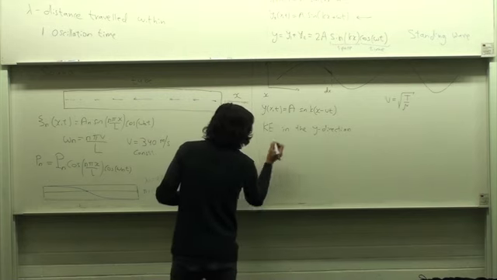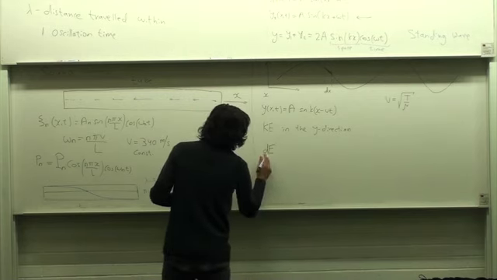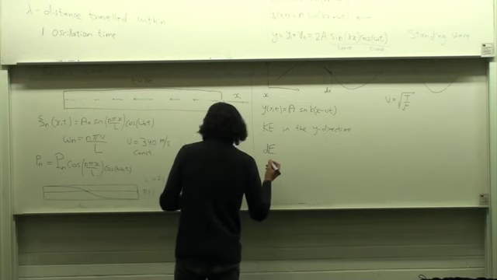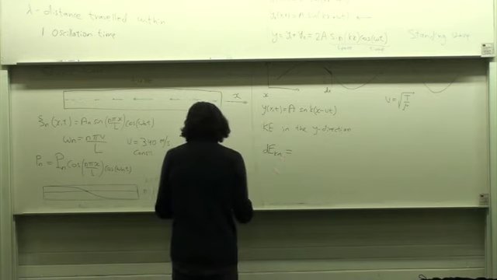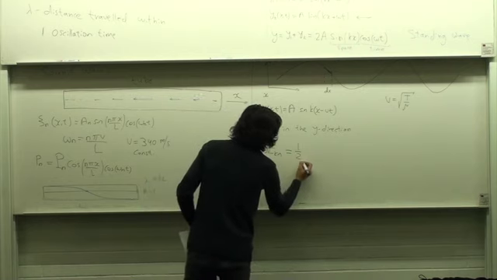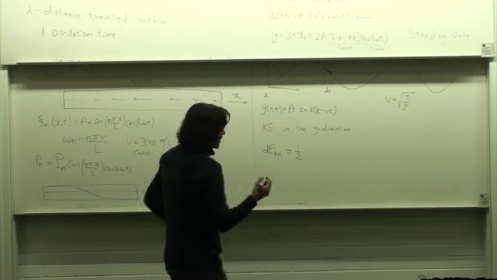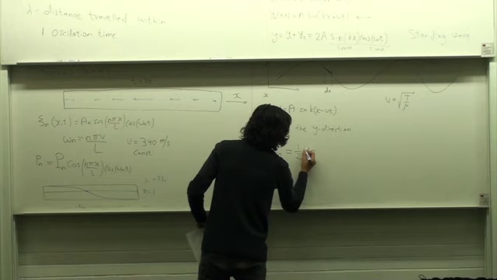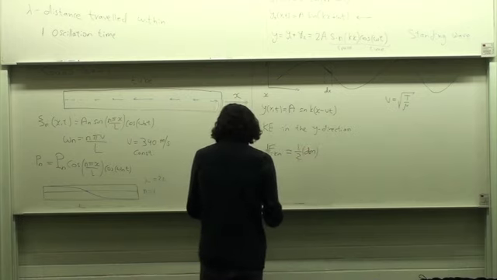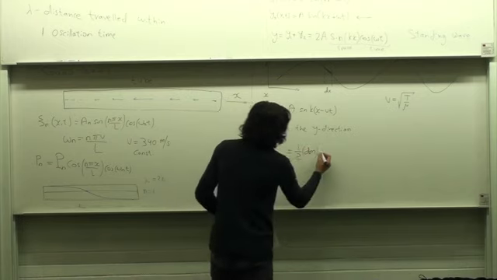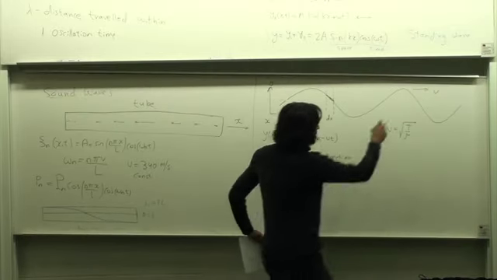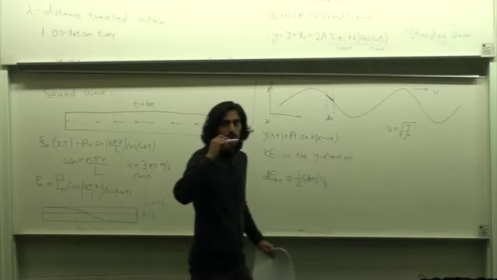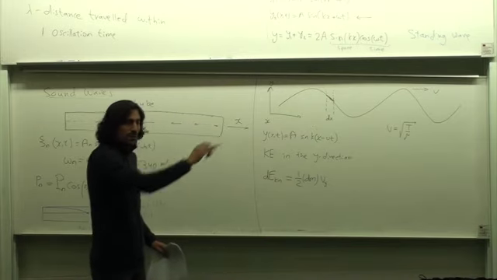So the kinetic energy for that element is half dm v squared. That's the small element dm, that's the mass of the element, and v is the velocity in the y direction. This is not this v here, this is the propagation velocity of the disturbance.